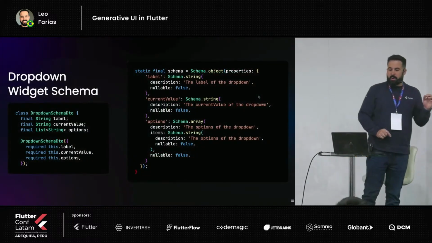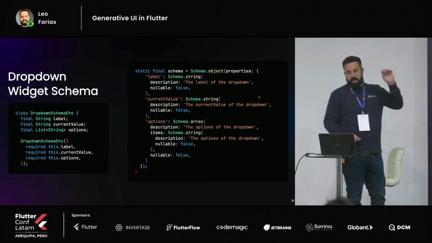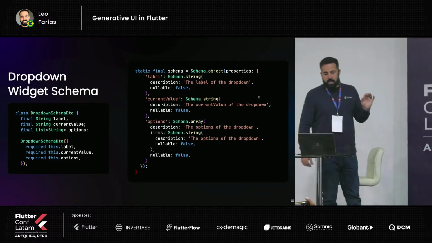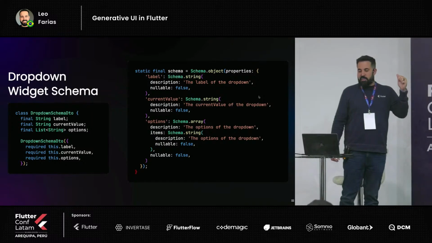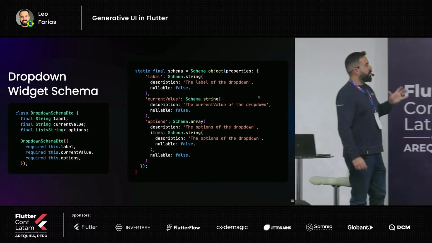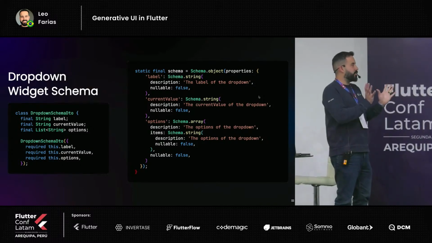So in this example, I created, again, very simple code, but this is what a drop-down widget schema might look like. You can see that a drop-down has a label. It can have the current value that was selected, and also it can have all the possible options the drop-down can have.